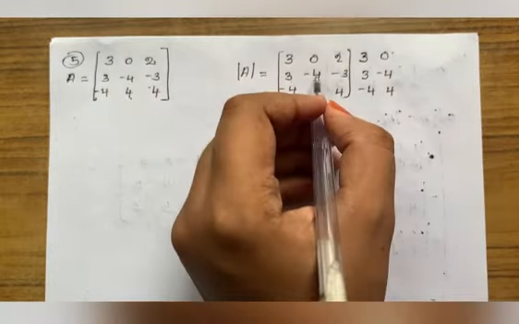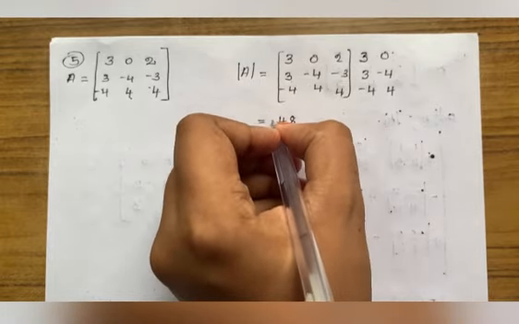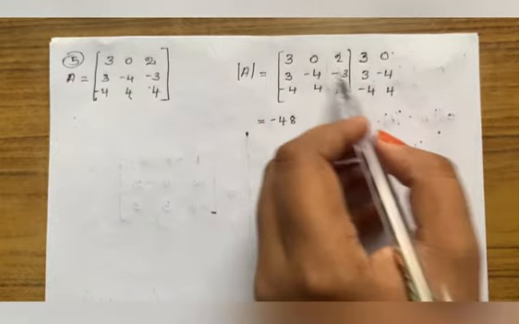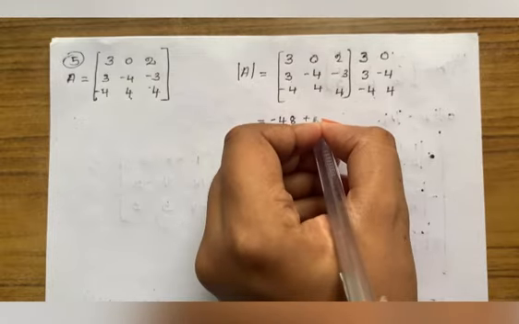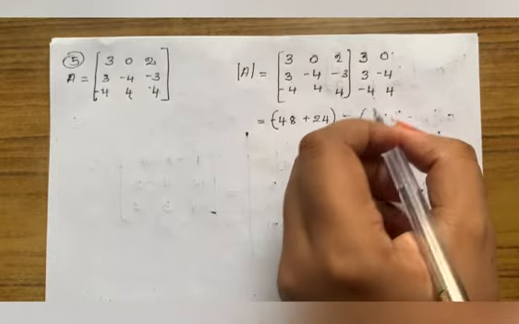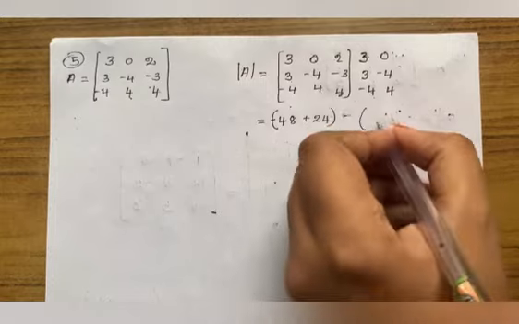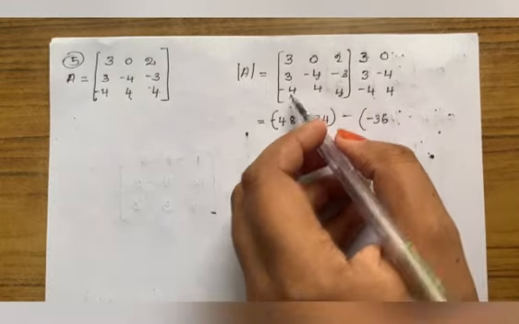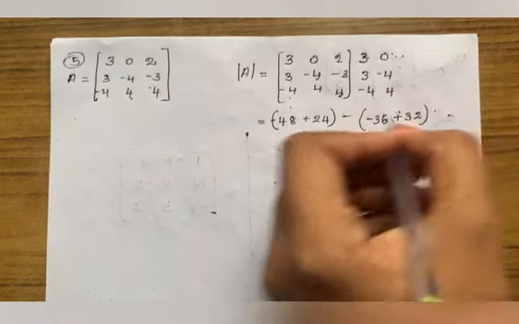Okay, so 3 into 4 into 4 is minus 48, so that would be 0, the second corner, because there's a 0 there. 2 3 into 4 is plus 24, minus the first corner would be 0 because there's 0. 3 minus 3 into 4 is minus 36. 2 into 4 is 8. 8 into 4 is 32 and plus 32.